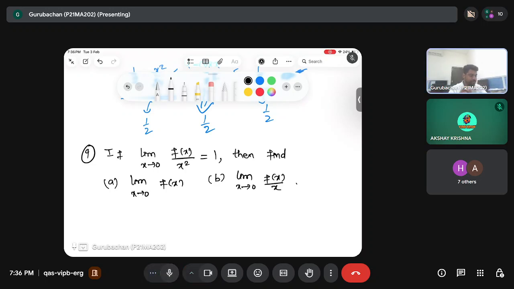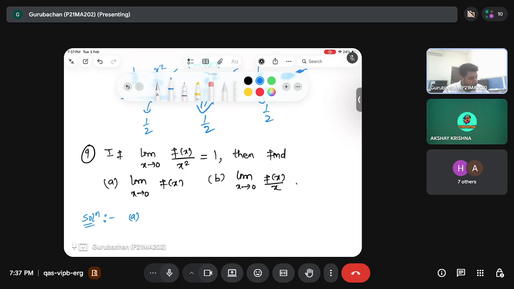Any answer? Did you get what is the technique that I'm talking about? Is it for the A part? Sir, in the first A part, do we need to do f dash x by 2x?